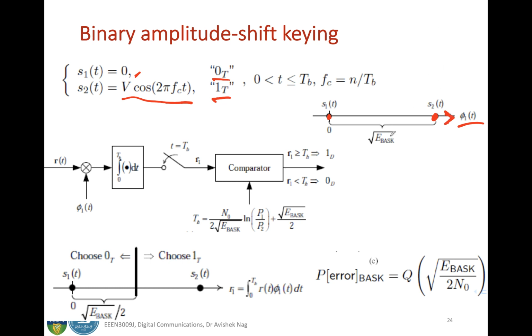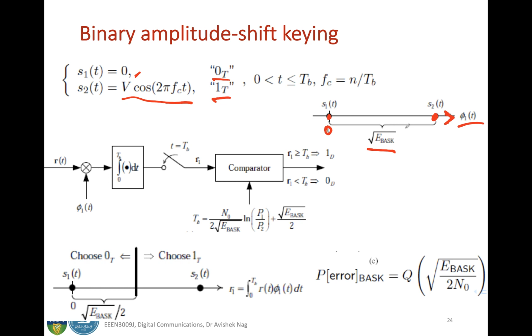Okay, and the distance between the two signals is your amplitude. Okay, so basically the distance of any signal from the origin of the signal space gives you the amplitude of that signal.